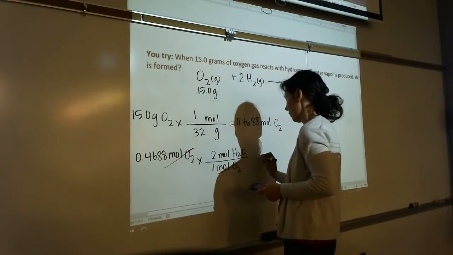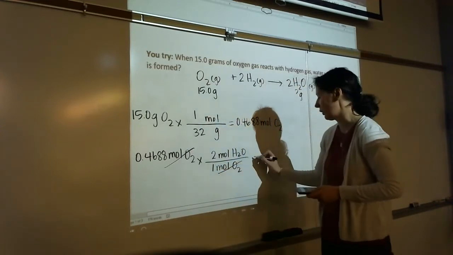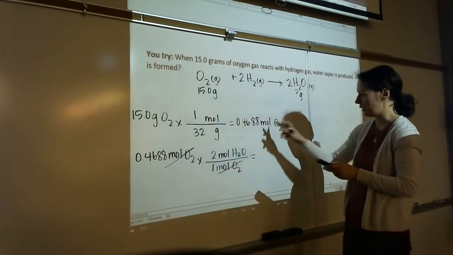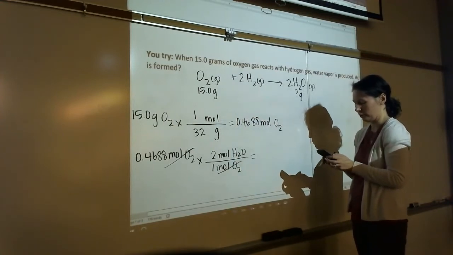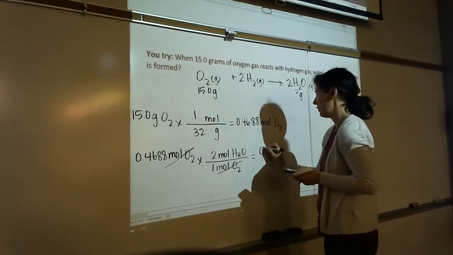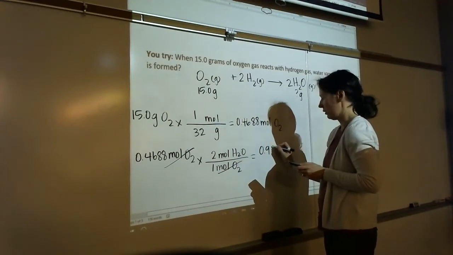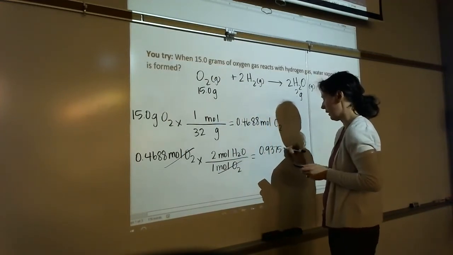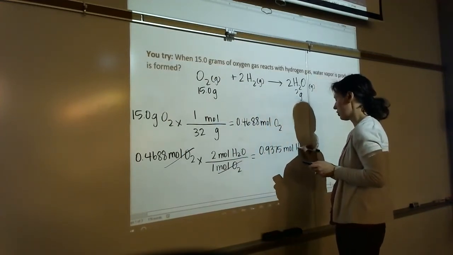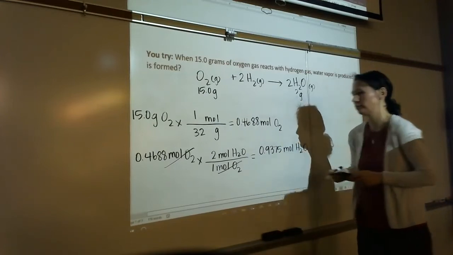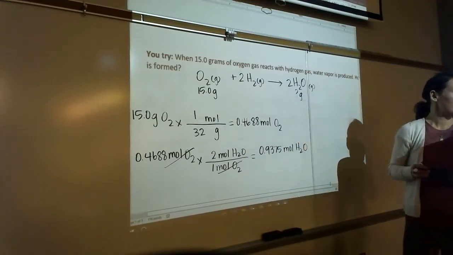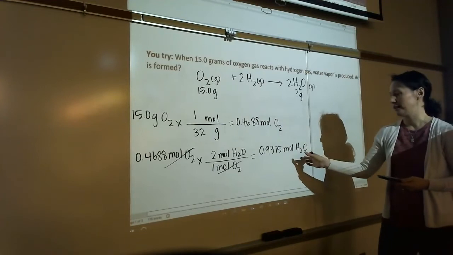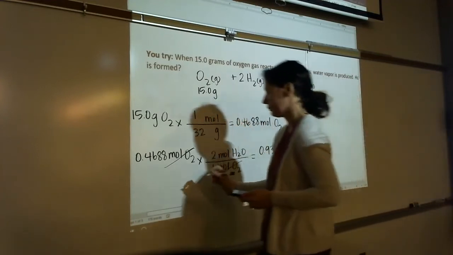So moles of O2 goes away. I'm left with moles of H2O, so I take my answer and multiply by 2 times 2. So that gives me 0.9375 moles of H2O. Do we agree there?